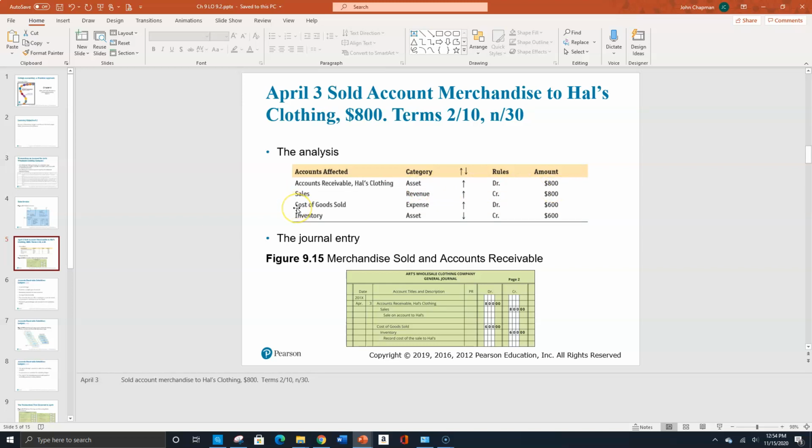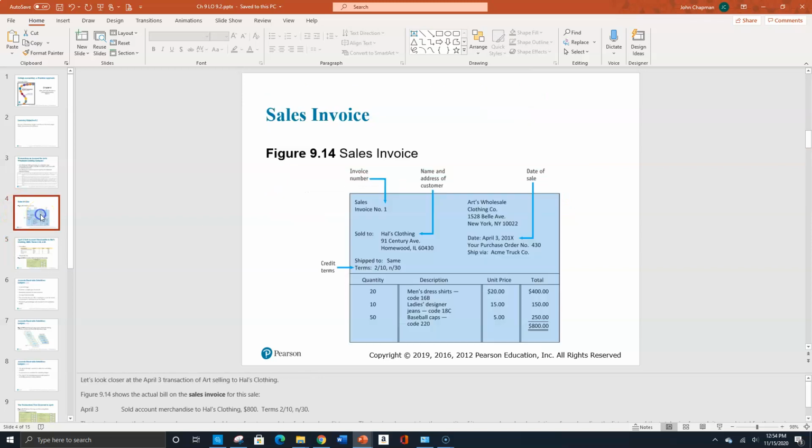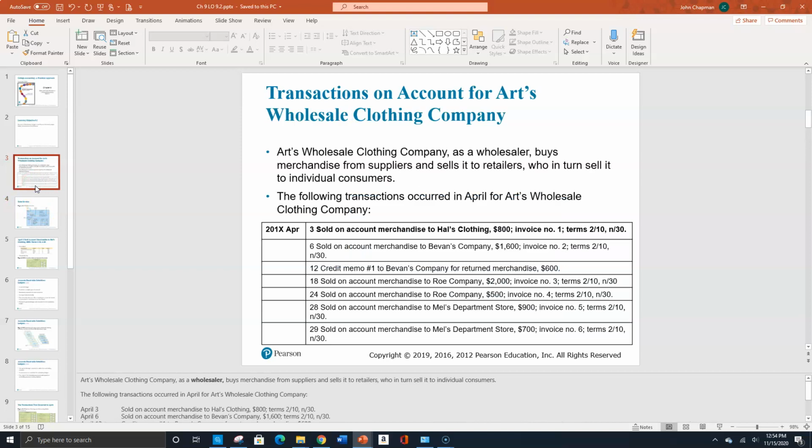But we also have to do a journal entry for that inventory going out the door. So the inventory, which is an asset, is decreasing, so we're crediting it, and the cost is $600. And the cost of goods sold also is an expense that needs to increase $600. Now, where do we get that $600? I'm going to go back here, see if I saw it anywhere.